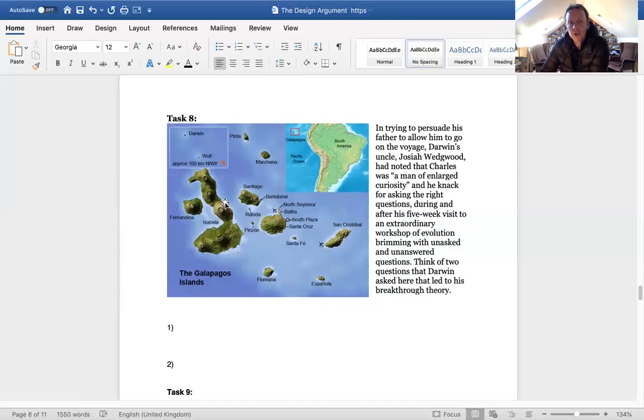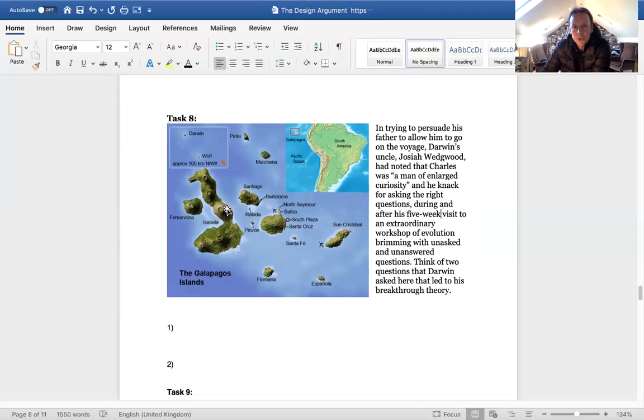So he might have asked, why is the wildlife in the Galapagos Islands very different to that in South America more generally? And that's because the islands are several hundred kilometers off the coast, and this was an isolated evolutionary snapshot. There was no cross migration between populations, and islands had their own populations.